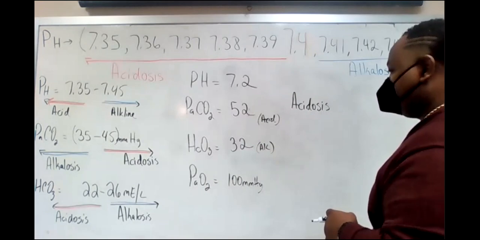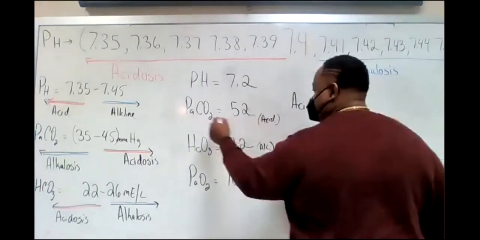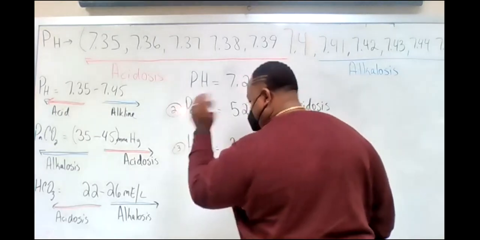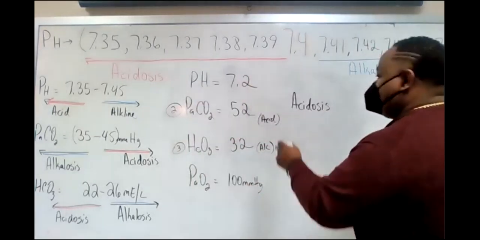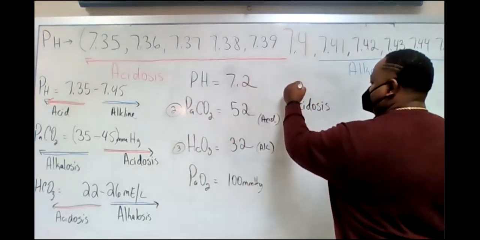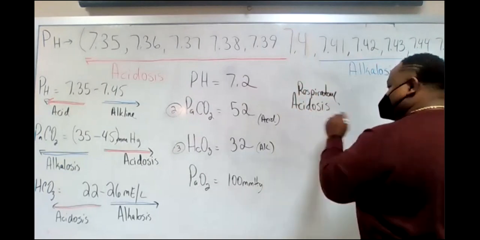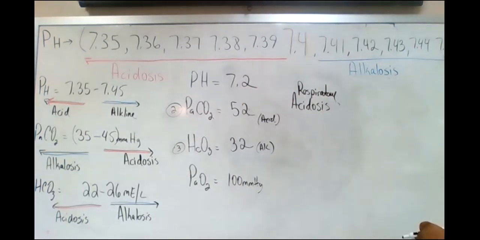Respiratory. Respiratory, good. So he's the second player because he's causing the problem, and bicarb would have to be the third. So we are in a respiratory acidosis. Now, let's see if we got compensation or not.